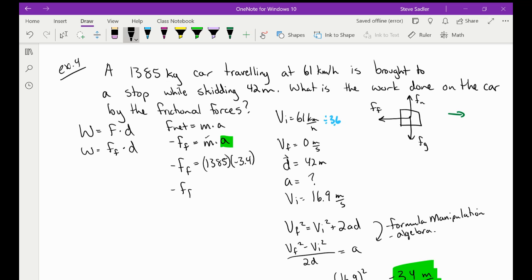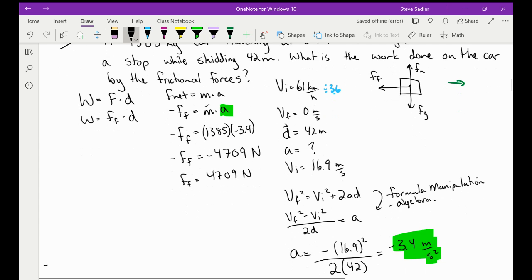So we know negative force of friction is going to equal 1,385 multiplied by negative 3.4, negative 4,709 newtons. So if negative force of friction is equal to negative that, then force of friction is equal to, there we go.